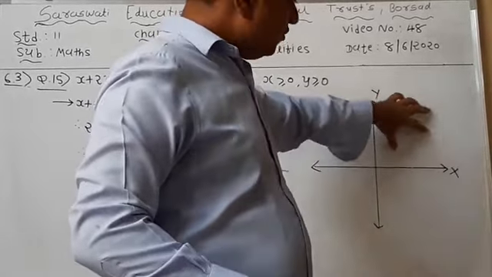So the common portion is the first quadrant, so the graph is present in the first quadrant.